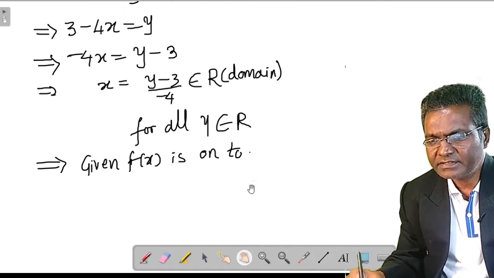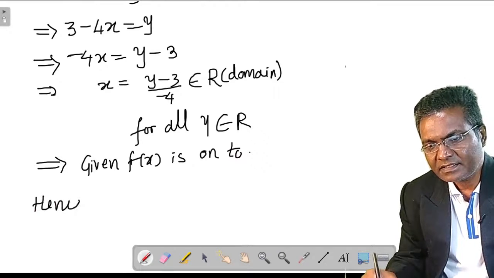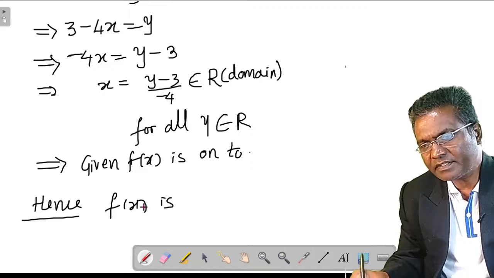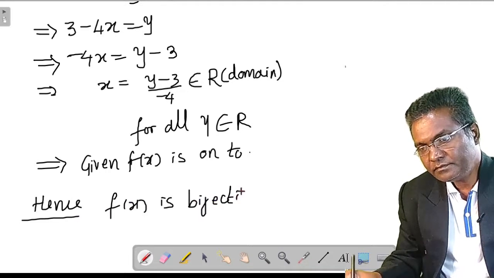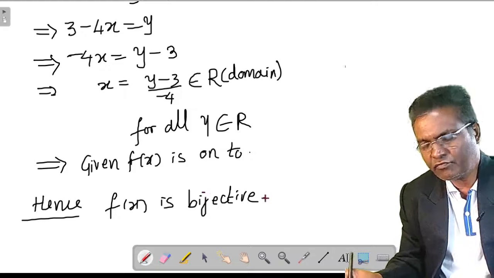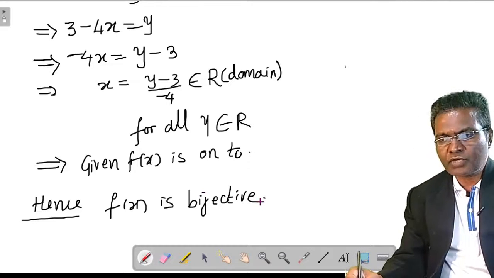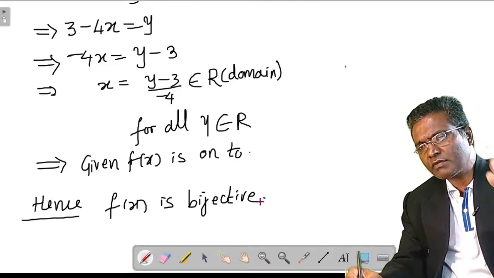So it is bijective. Hence f of x is a bijective function. The function which is both one-one and onto is said to be bijective. So in this way, you have to prove one-one and onto.